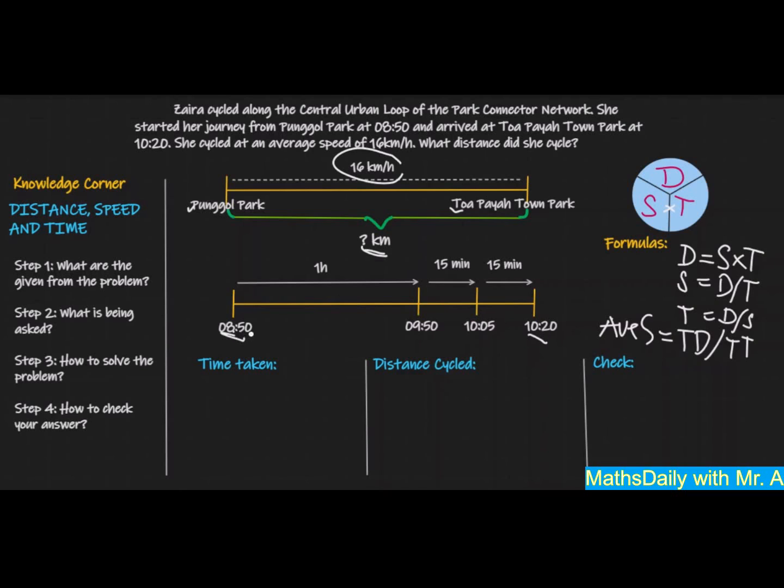Now, 8:50 to 9:50, it's 1 hour. From 9:50 to 10:05, it's another 15 minutes. And from 10:05 to 10:20 is another 15 minutes. To get the total time Zaira cycled from one park to another town park, let's add 1 hour plus 15 minutes plus 15 minutes.